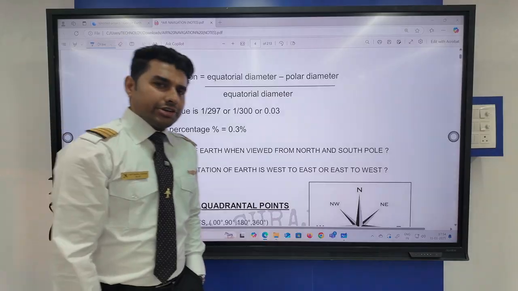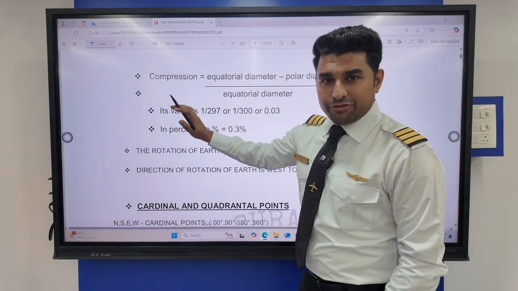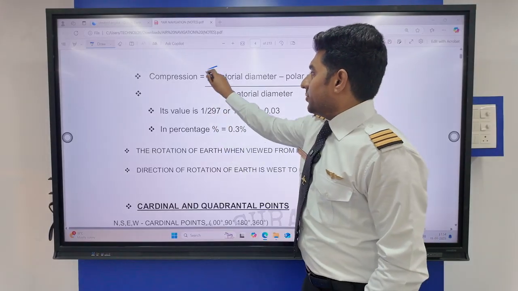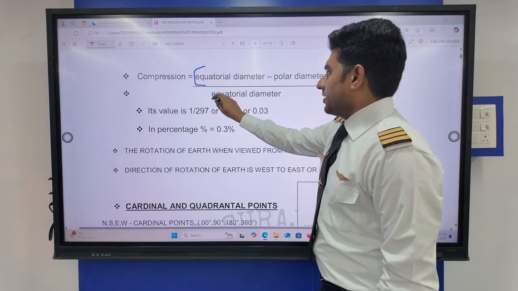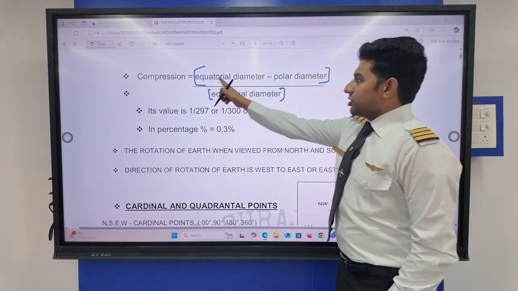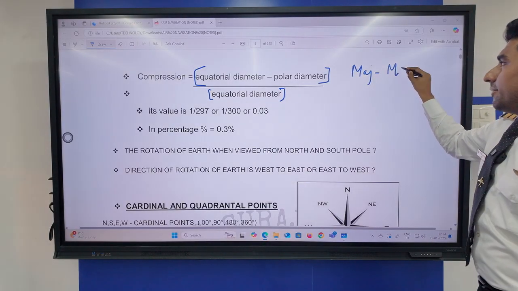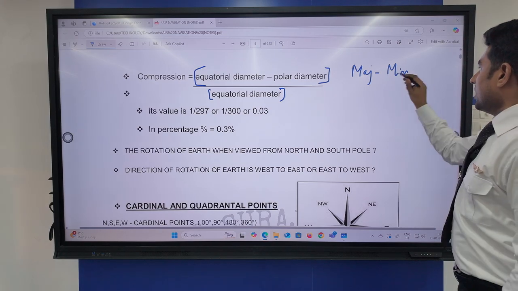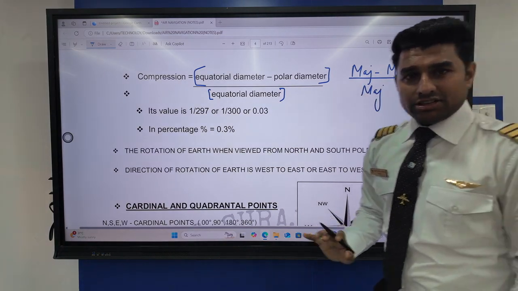So what is a compression ratio? The compression ratio is a ratio of two things, with a numerator and a denominator. It is the major axis minus the minor axis, divided by the major axis. Simple math, nothing different.